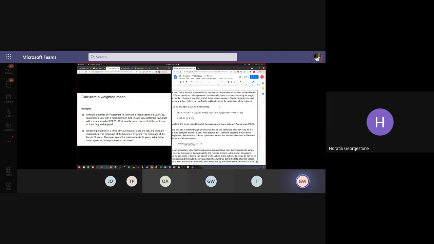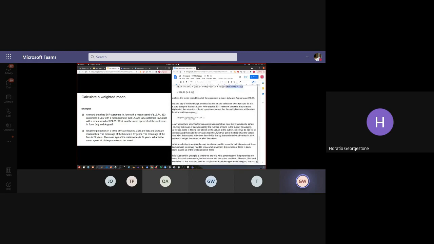And as I mentioned before, you don't actually need the brackets when you put this into the calculator, around each multiplication, because the addition will be done afterwards anyway. And then you divide that by the sum of the weights, so the sum of the number of items in each category. So you can see that here, you could do this using the fraction button on your calculator.